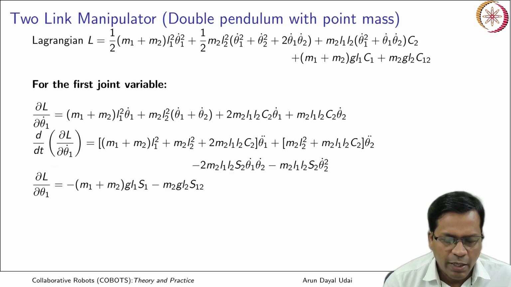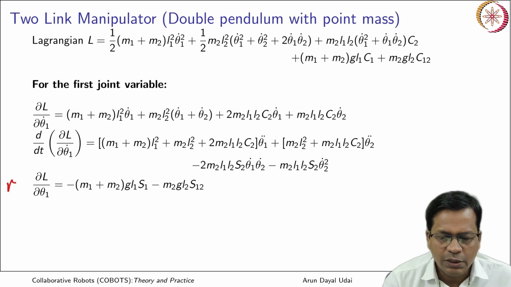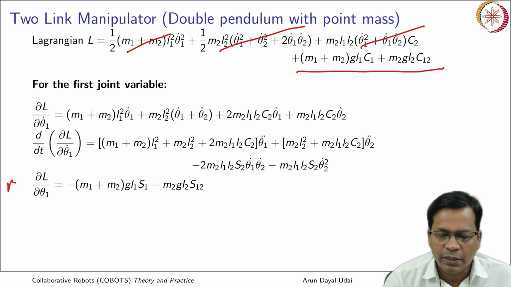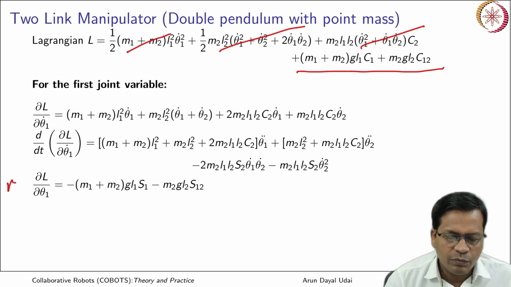The second term can be derived as dou L by dou theta 1. So in this case all the terms which don't have pure theta 1 can go off. Okay. So this will go, this will go, this will go, only the term which is here would remain, and taking the partial derivative with theta 1 gives me this. Okay.